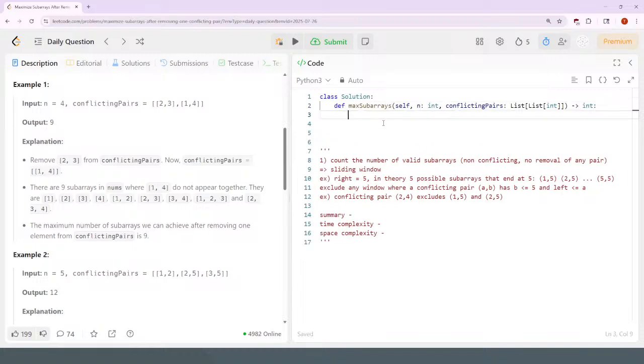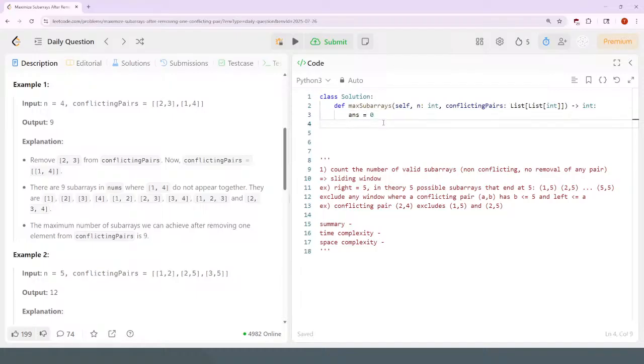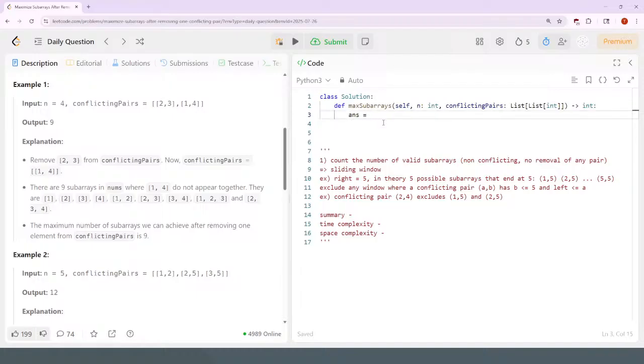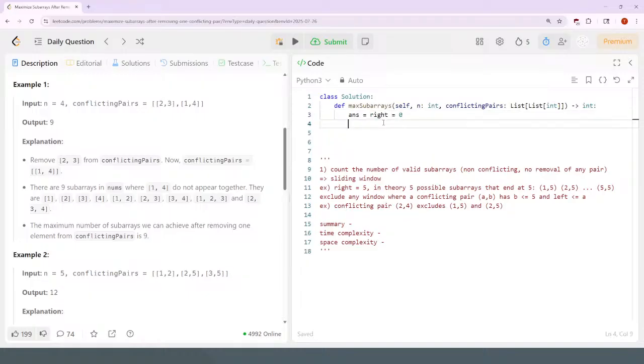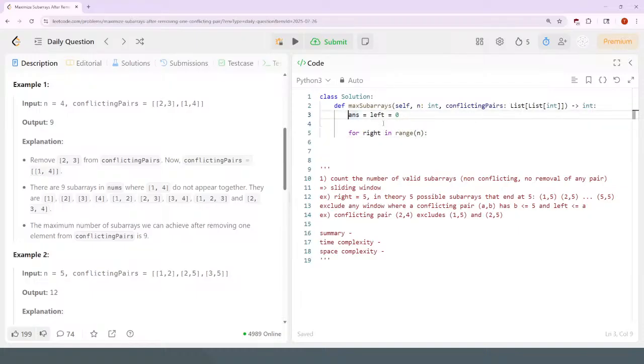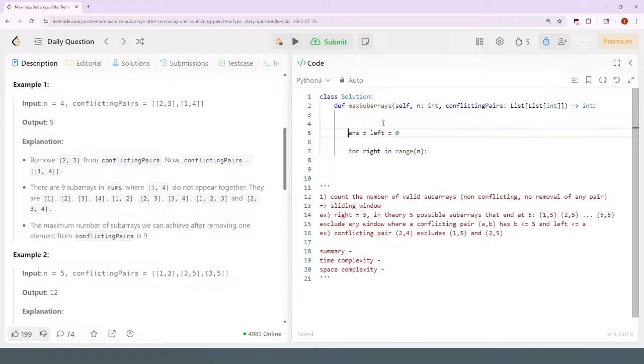So let's go ahead and do it. The answer equals 0, and the right index is equal to 0, I think. No, the left index is equal to 0. So for every right index in the range of n, I need to sort this stuff. Conflicting pairs dot sort.